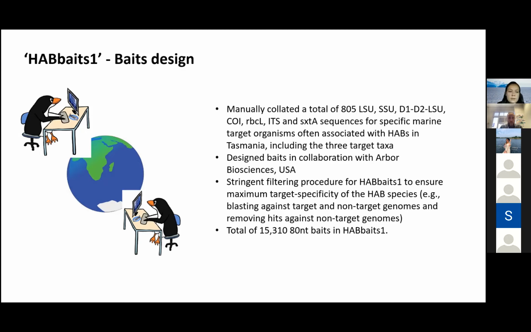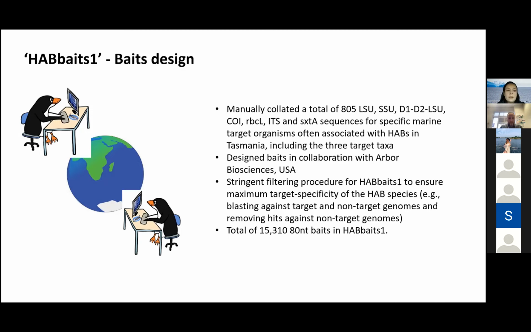And then we collaborated with the company HABbaits1 in the USA, and they were basically helping us to make this into a bait set. They're super helpful in case you're looking at doing anything like this. I really highly recommend working together with them. What then happens is these sequences that we want to base a bait set on undergo all sorts of filtering steps until they are synthesized.